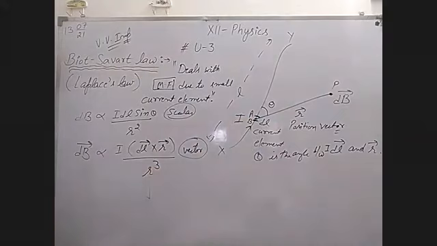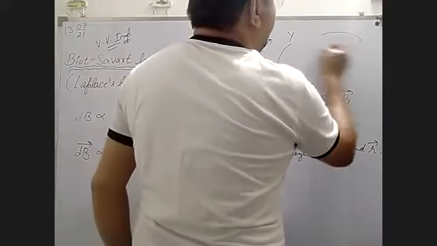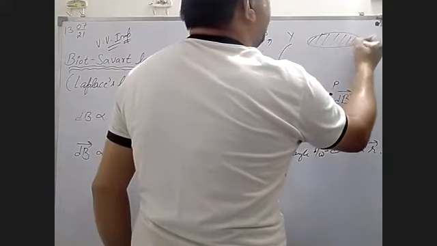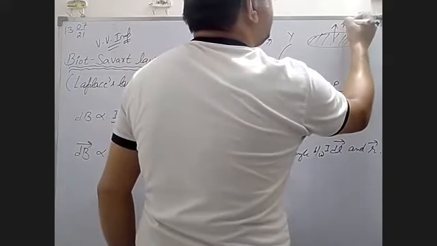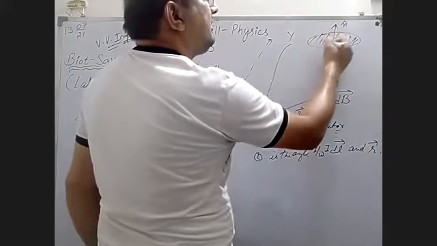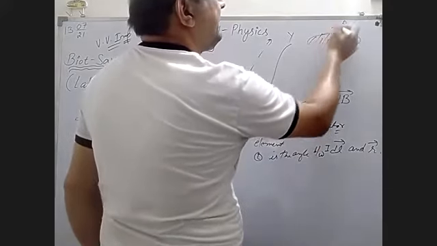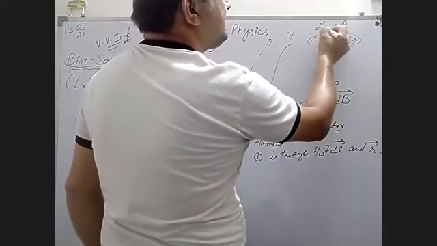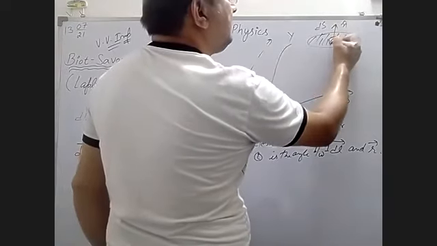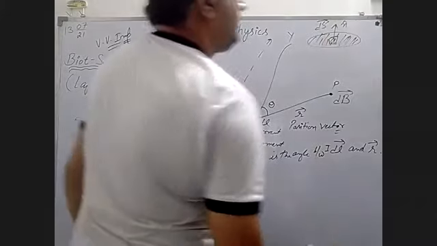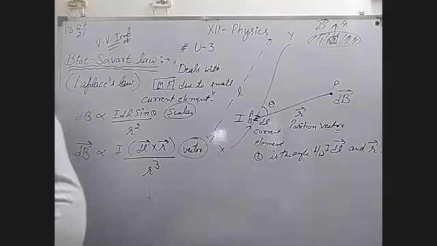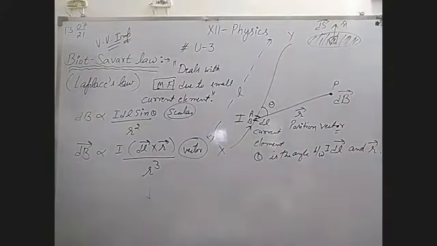Like area element, because area is not a vector quantity. But if you are taking the area vector of something, then you have to take the normal direction n cap. Then this is the area vector, so this is the small surface element ds, and you can write ds vector. Otherwise, area is a scalar quantity.